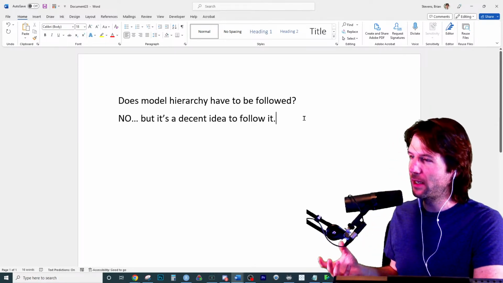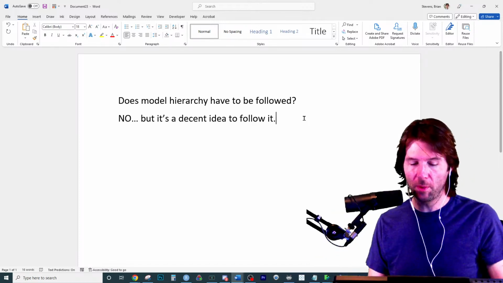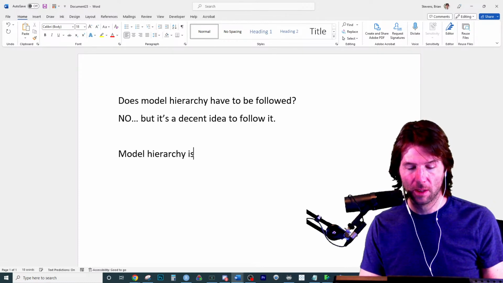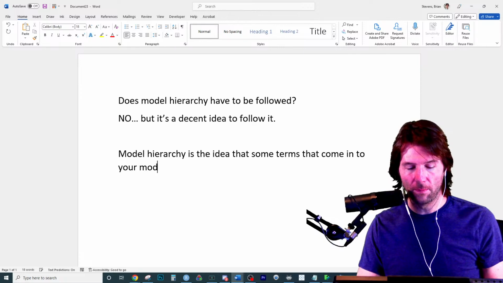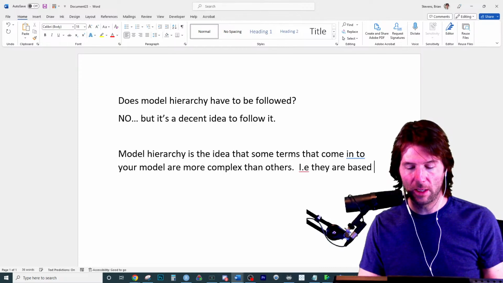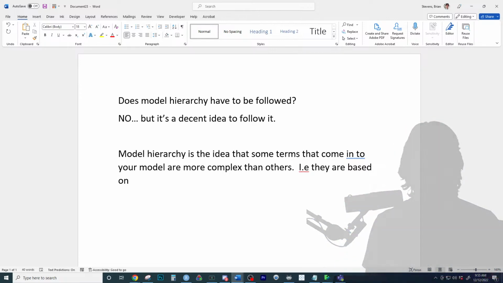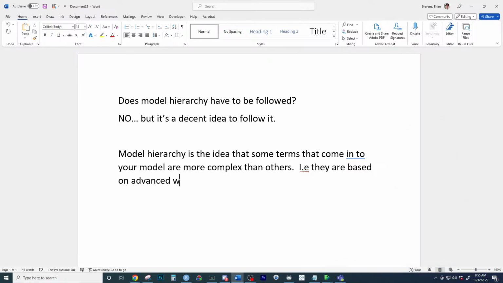Model hierarchy is the idea that some terms that come into your model are more complex than others, i.e., they are based on kind of advanced ways of using the terms in your model.